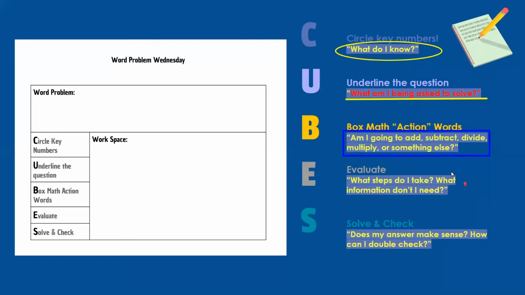A lot of times when we read a question, there'll be some stuff in there that really doesn't matter to solving the problem. It might make the story sound better, but it doesn't really have any consequence in the solving of the problem itself. And then finally, S: we solve and check. We ask ourselves, does our answer make sense? Sometimes we can figure out a way to double check, or we work with two different methods and make sure that both methods of solving come up with the same solution.